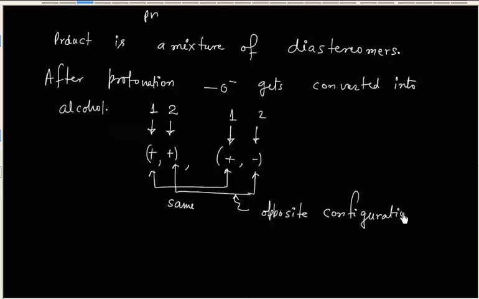So basically in this case we are getting a pair of diastereomers. Whenever we have a reaction in which initially the reactant has a chiral carbon and this chiral carbon is not disturbed, and we generate a chiral carbon again that forms the product, then we will have a mixture of diastereomers.